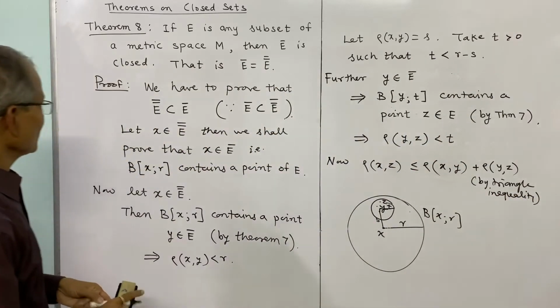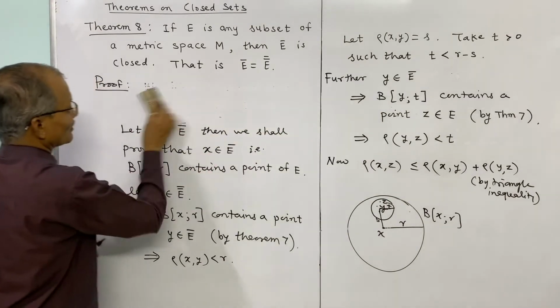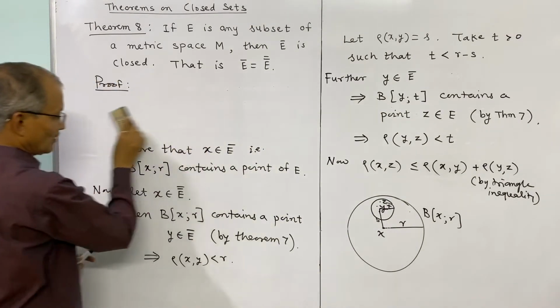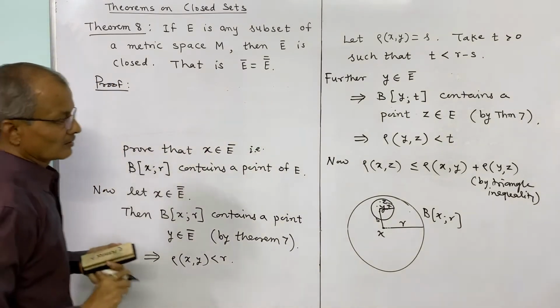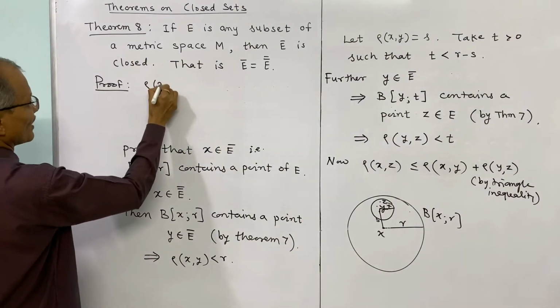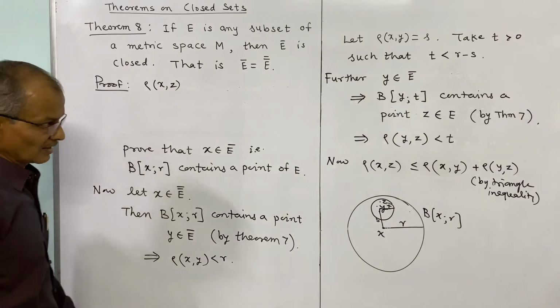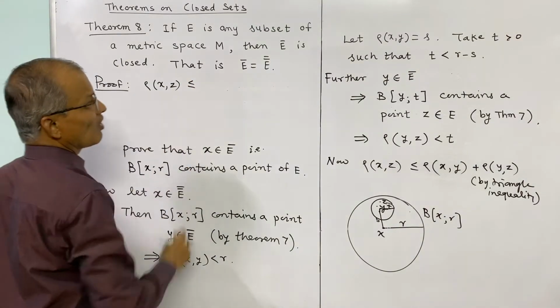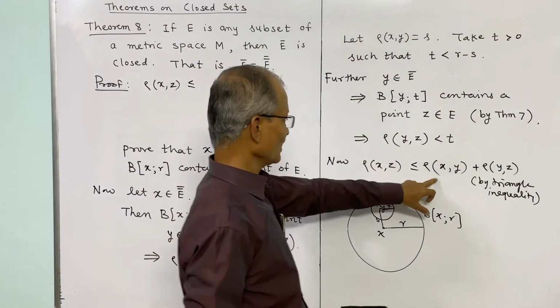And now you see, the left side is rho of X and Z, and that is less than or equal to rho of X and Y plus rho of Y and Z. What is rho of X and Y?